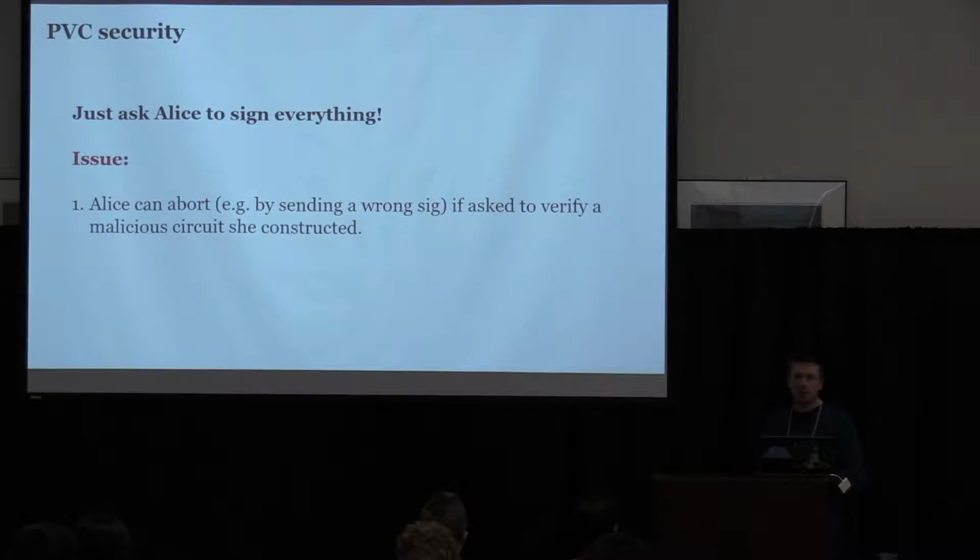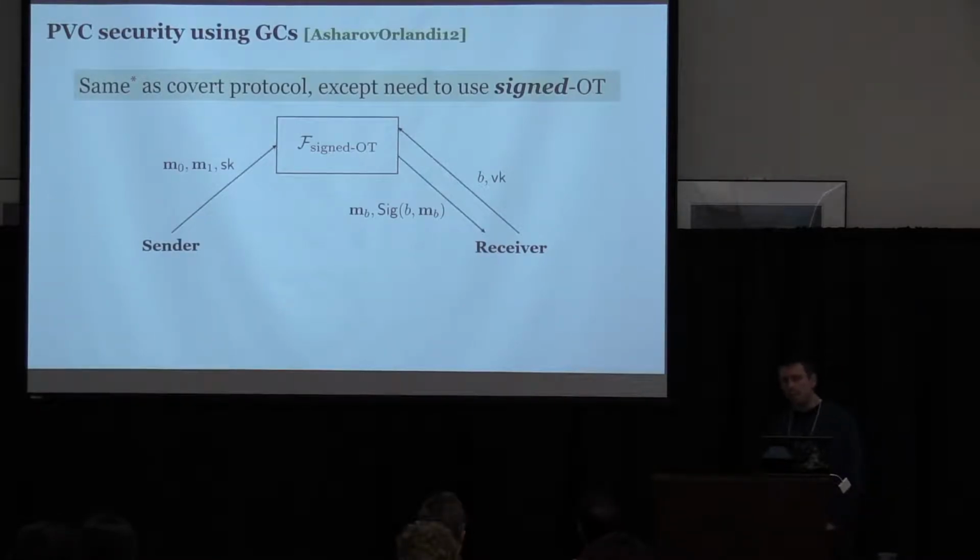So this problem is solved by Asharov and Orlandi by saying that instead of OT, we're going to use something they call signed OT. Intuitively, the idea is that we don't want Alice to know what we are asking.